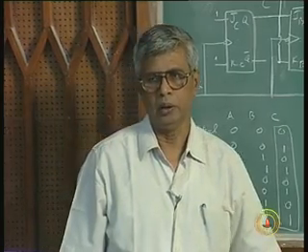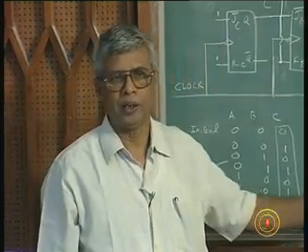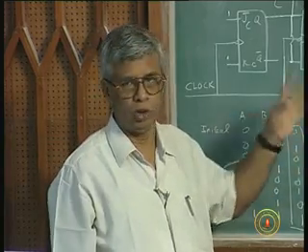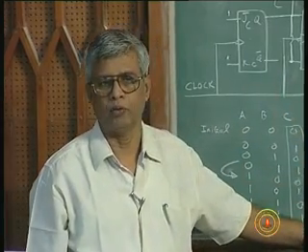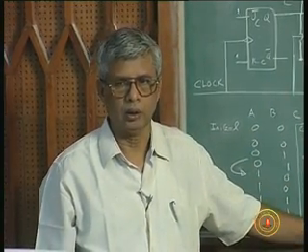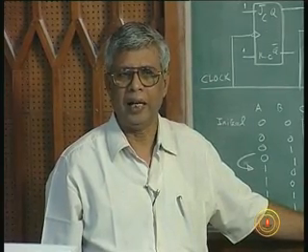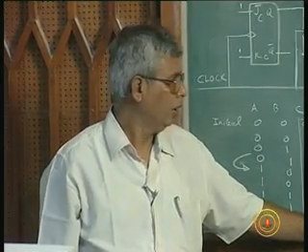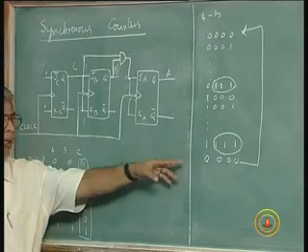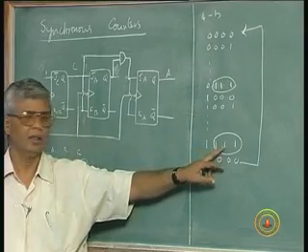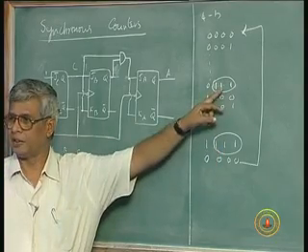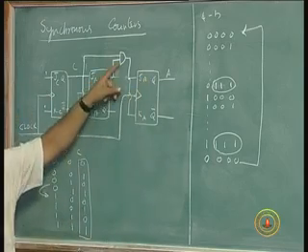And all systems which use flip flops in counting mode, most of them use this synchronous mode of counting. The only disadvantage is you need extra hardware, AND gates. No? Actually, you do not need to have a 3 input AND gate. Why? I have the output of this, and I have to take the output of this and put it to this.